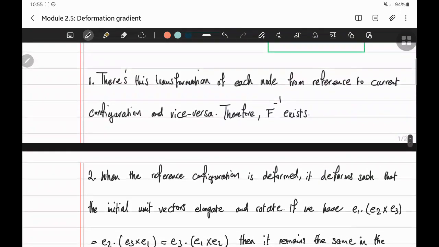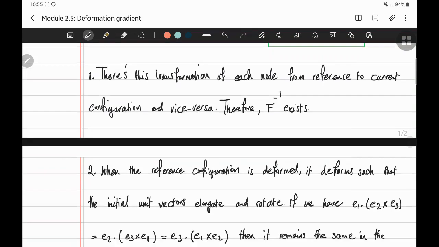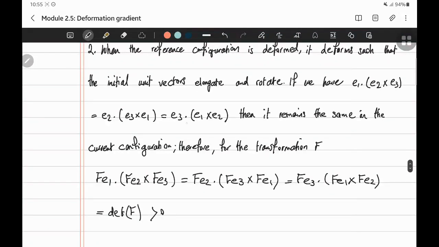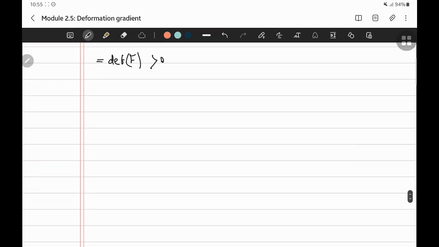All right, so now we mentioned two important properties for the transformation matrix F. So the F inverse actually exists, and also if you have right-hand unit vectors in your reference configuration, it remains the same in your current configuration. So let's see what happens if the determinant is negative.